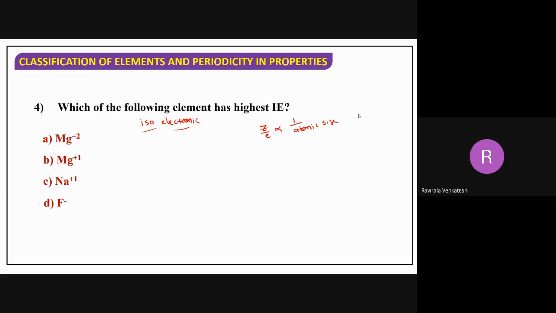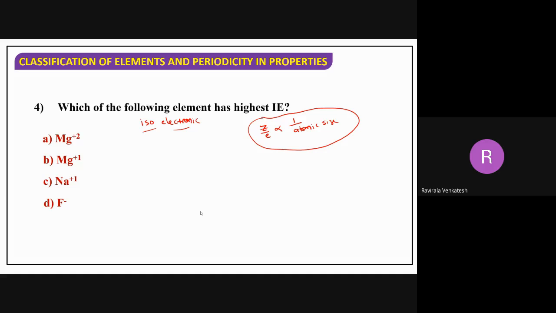We discussed this in the last classes. Which is the correct answer, we will discuss that first of all.